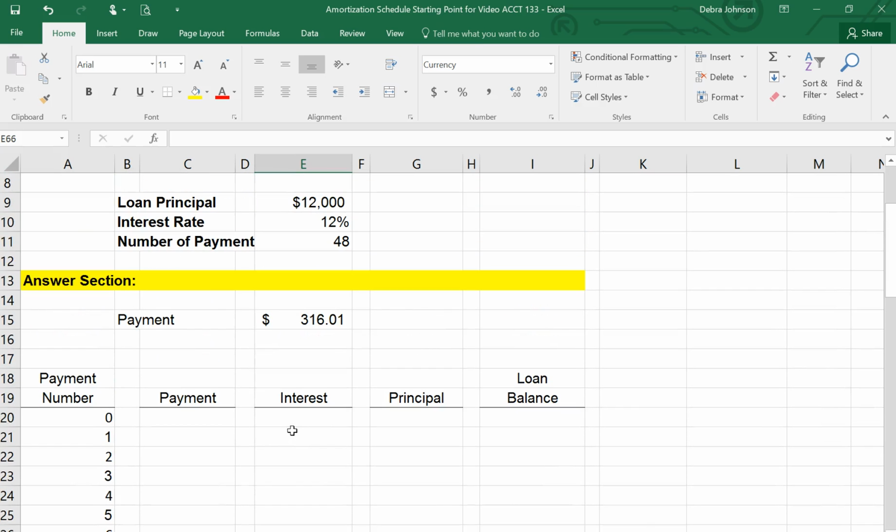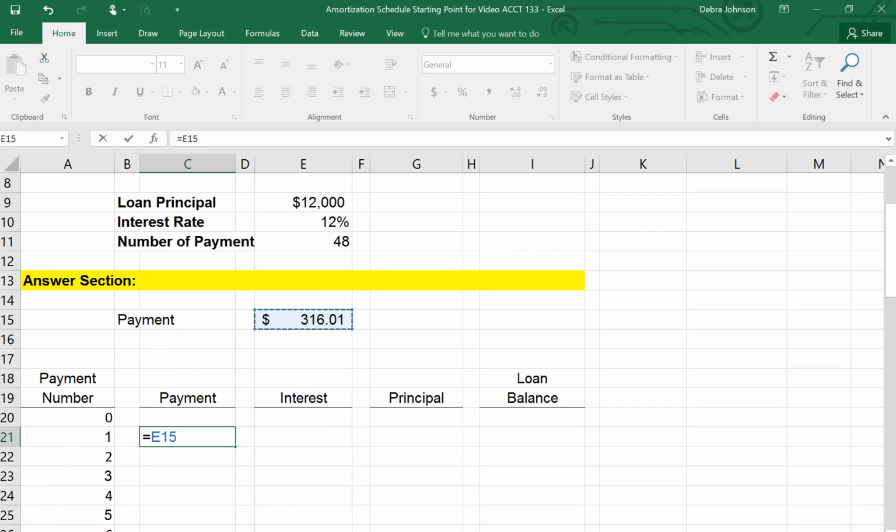The second step is to drop in the payment amount. On a fully amortized loan, the payments are of equal value each and every month. Since I already calculated the loan payment up here, I'm simply going to cell reference my payment number and then press F4 on that formula so that it won't change as I copy it.